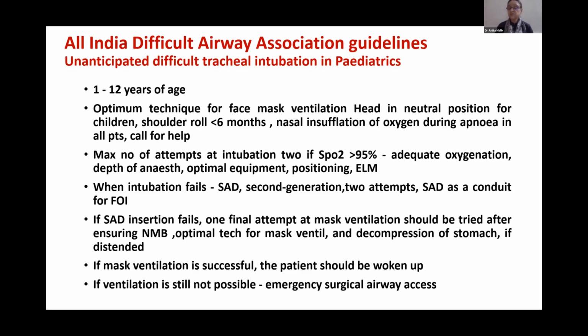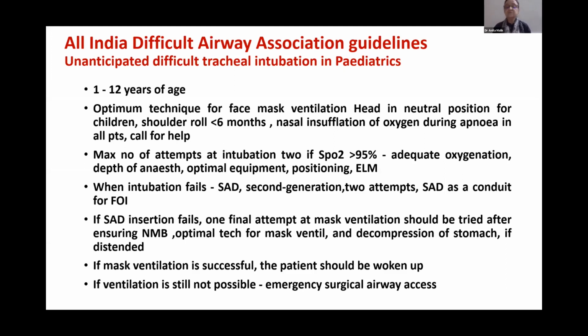But when intubation fails, a supraglottic airway device, 2nd generation, is preferable. In IDA guidelines, 2 attempts are allowed, and then SAD can act as a conduit for fiber optic intubation. And if SAD insertion fails, 1 final attempt at mask ventilation should be tried after ensuring neuromuscular blockade.